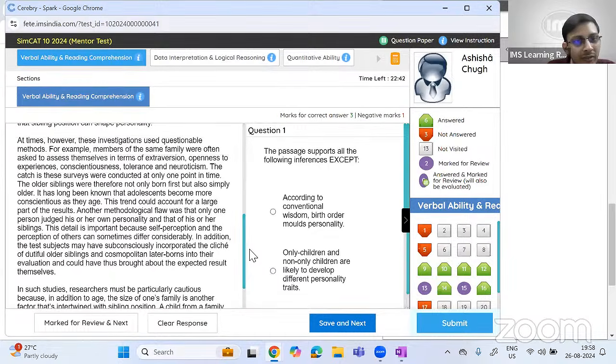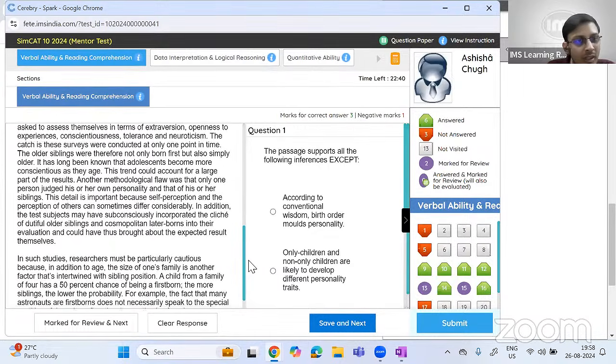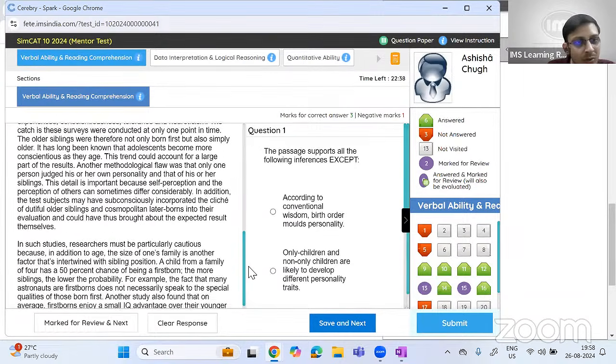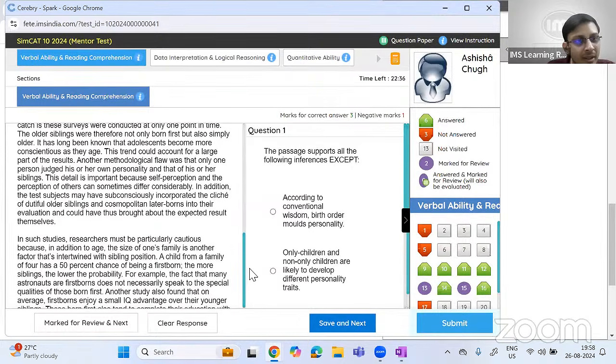Okay, so that point of time made that survey not very good. And it has long been known that adolescents become more conscientious as they age. Okay, so that affected the survey. The trend could account for a large part of the results. And another flaw was that only one person judged his or her own personality and that of his or her siblings. Okay, only one person judged. Self-perception and perception of others can differ.